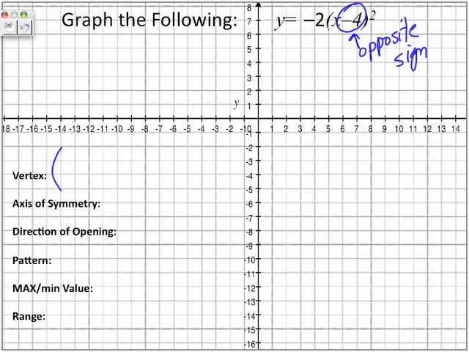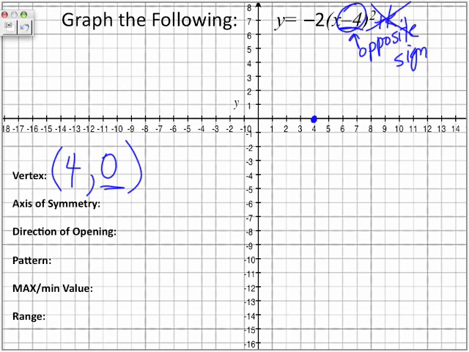So within the brackets, it's -4, which means the x value is going to be +4. And when it's in that format, what represented the y value of the vertex before? It was some kind of a k value, but there is no k value. So the vertex here is going to be at (4, 0). So let's find (4, 0). And it's very similar to what we've graphed in the previous.